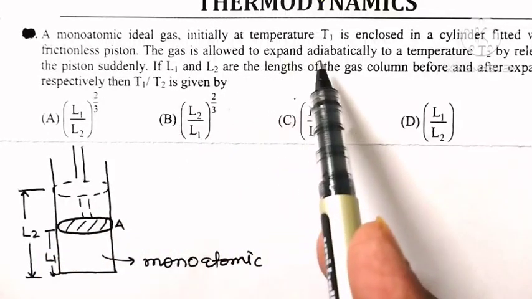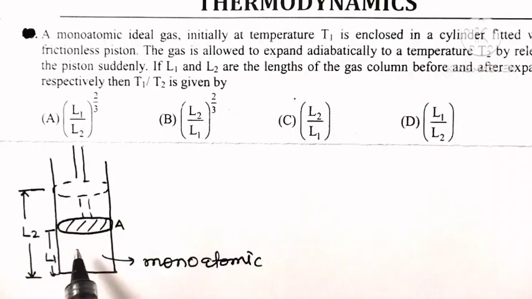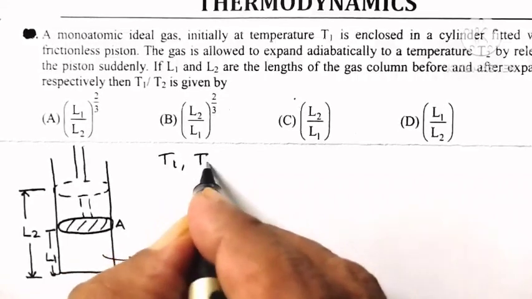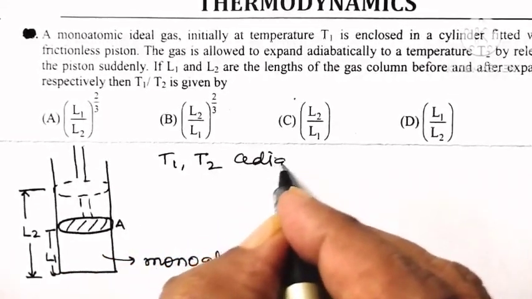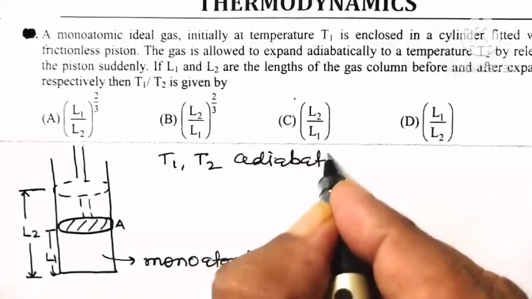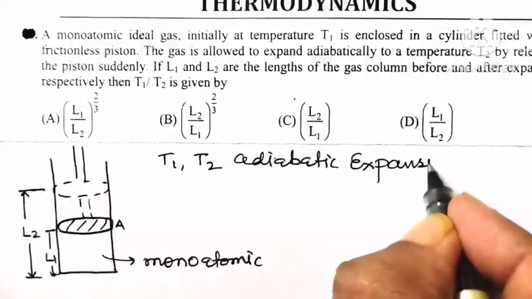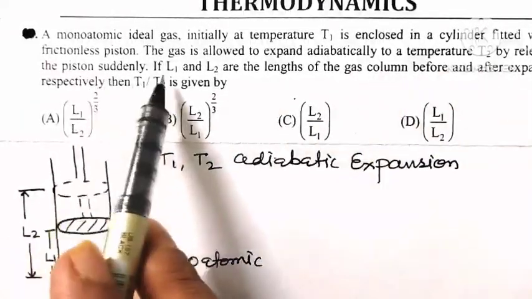Now the gas is allowed to expand adiabatically to a temperature T2. Initial temperature is T1. Final temperature of the gas is T2, and that gas undergoes adiabatic expansion by releasing the piston suddenly.